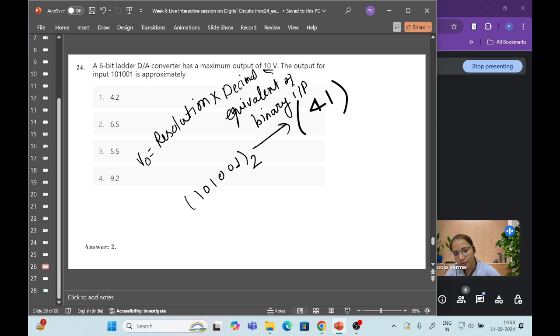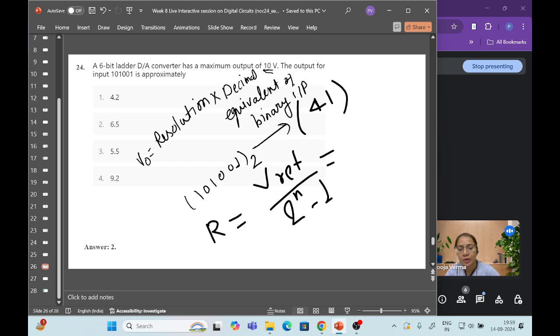In the same way, I am representing resolution by R. So R is V reference by 2 to the power n minus 1. V reference, the maximum output voltage, is given as 10 volt, so 10 volt divided by 2 to the power 6 minus 1.